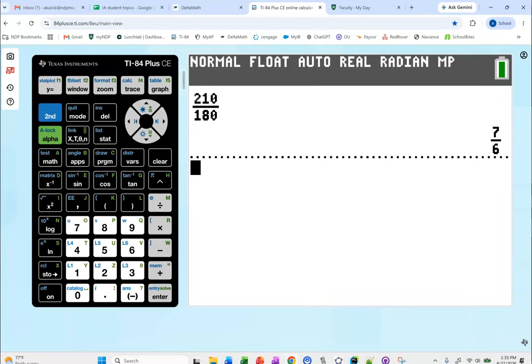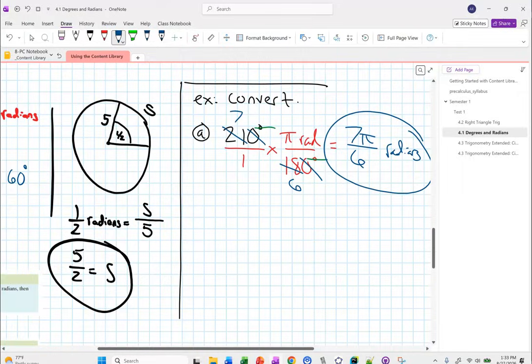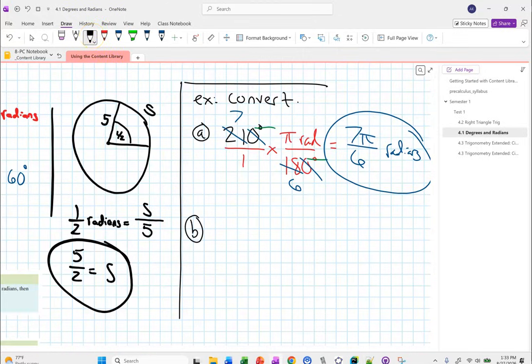So again, it should be easy, right? Do you remember how to use the calculator to do that? All right. Now let's do the other way. We'll start with something in radians and end up with degrees. If your radian measure doesn't have a pi in it, like if it's just 2 radians or something, your degree answer will be a decimal that you can round.